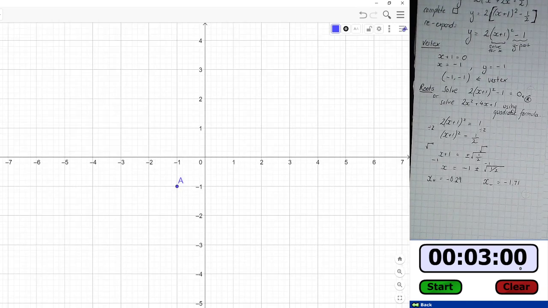Fortunately, with graphing software, I can do it pretty much exactly. So I'm going to have 1 point there, and I'm going to have another point there. That's what our roots are going to be. Let's check it out. Yes, success.